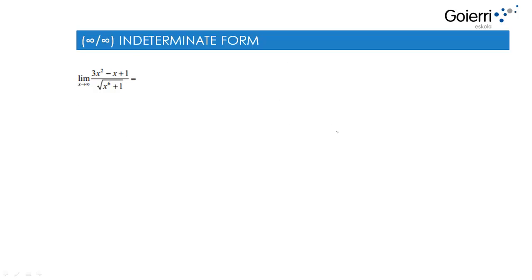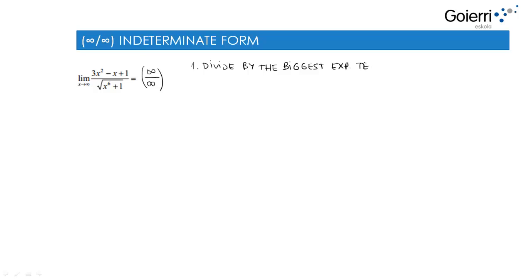Let's do another example with a square root. As usual, if we plug infinity into the function, this is infinity over infinity, indeterminate form. So first step, as usual, divide the numerator and the denominator by the biggest exponent term.